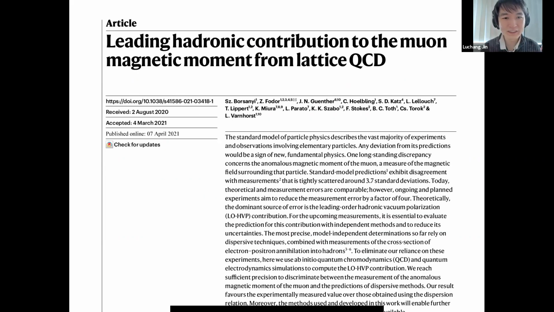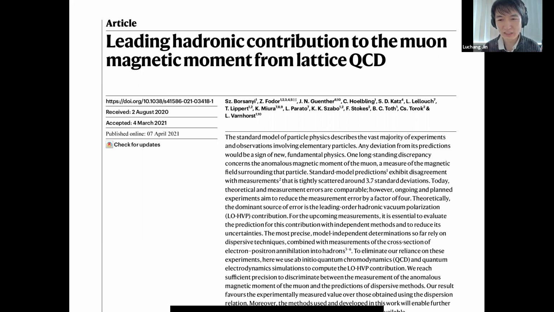So recently there is a BMW result. This is really a pure lattice result, and the accuracy is getting to the point which is very much comparable with the dispersive analysis. But interestingly, the value it obtained is kind of in the middle of the BNL or Fermilab experimental value for the g-2 and the dispersive analysis for the HVP.